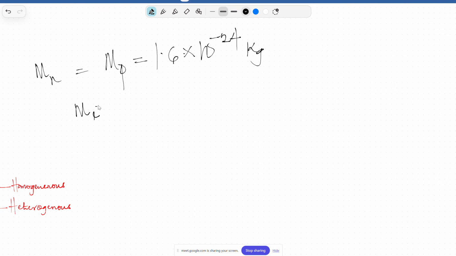But the mass of an electron is different from that. Mass of electron is 9.1 times 10 raised to the power of negative 31 kilogram.